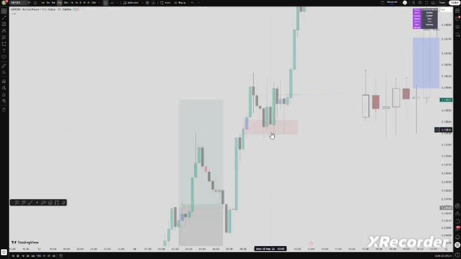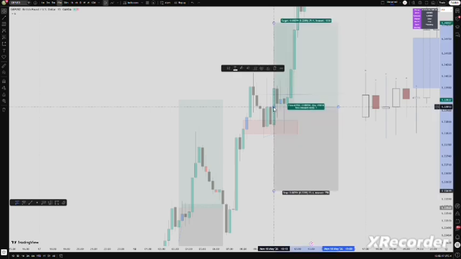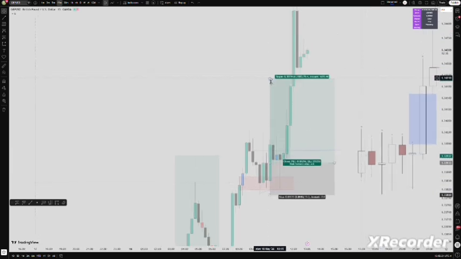With that formula in mind, we had price dip into this level at the open of 9 a.m. Let's just mark that out so that we'll know where 9 a.m. was. We had 9 a.m. at this point.